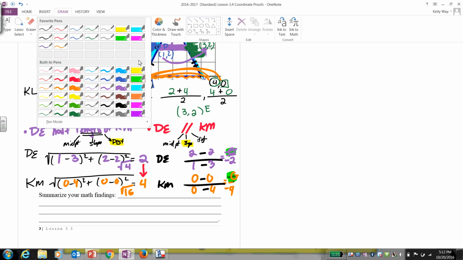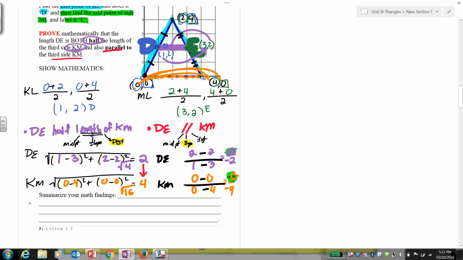So now you're going to summarize our two qualities. We know that DE is half of KM because the distance DE equals 2 and KM equals 4 units.